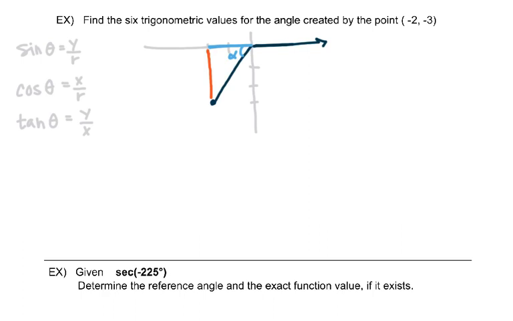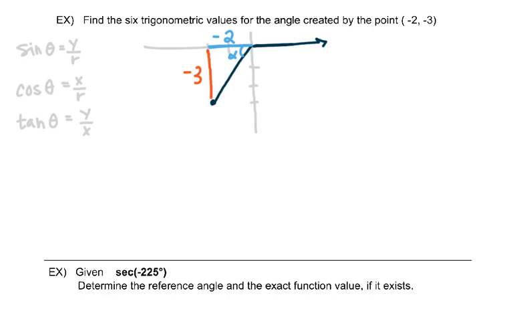Now I know the measurement of my x and y values. The length of my x side is -2. The length of my y side is -3.